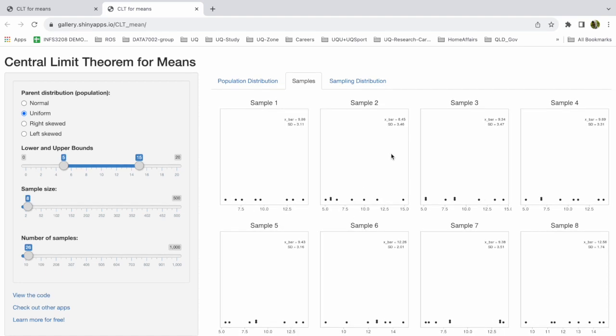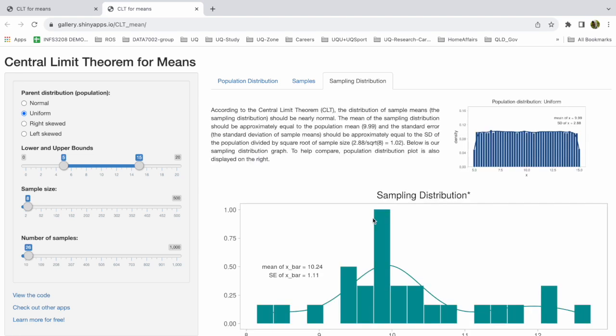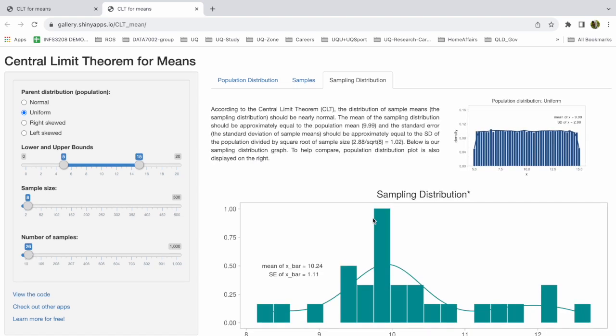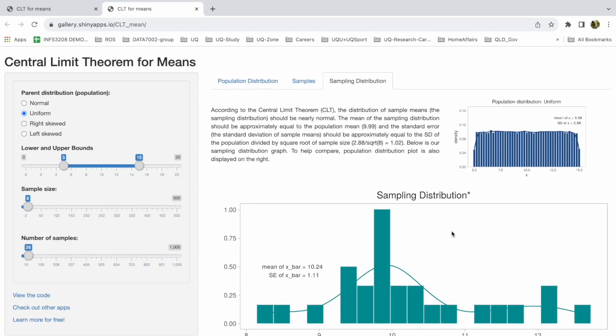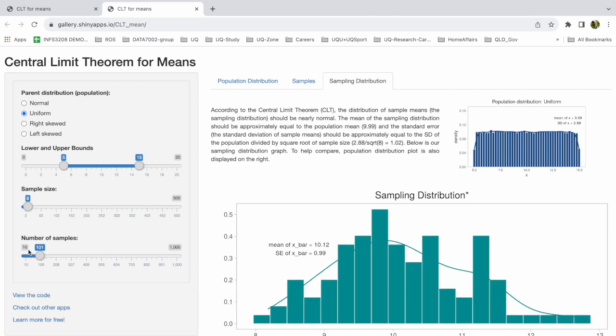So again, the sample data looks awful, and if we look at the means of the sampling, it still doesn't look very nice. But if we increase the number of times we conduct the experiment, we can see something is getting better.